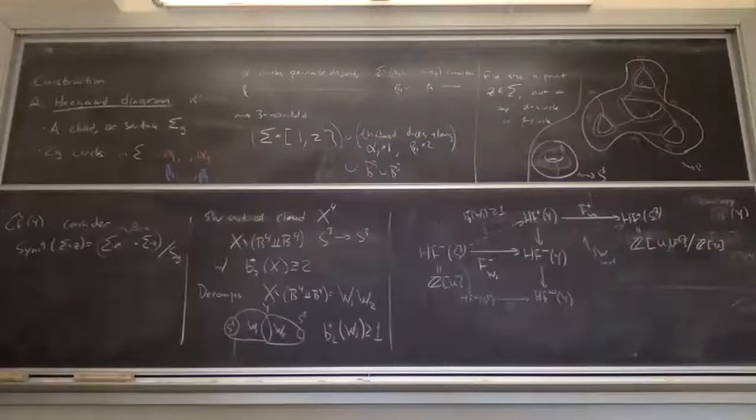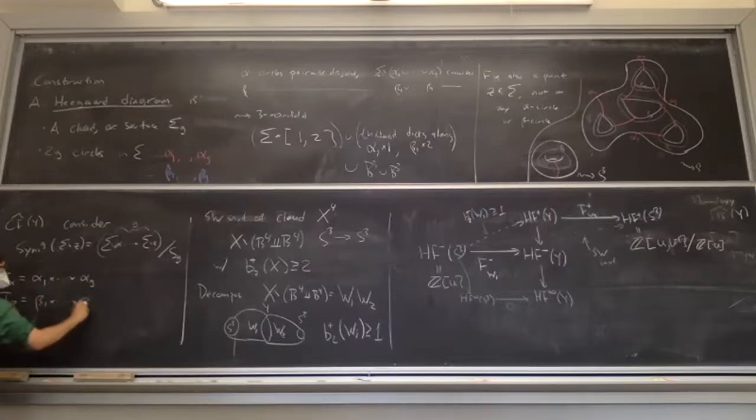Okay. And now there are two submanifolds: T alpha, which is alpha 1 cross through alpha g, and T beta, beta 1 cross through beta g.